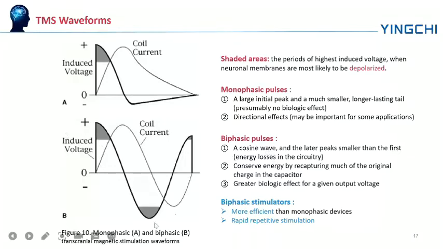It is a cosine wave, and the later peak is smaller than the first one because of the energy losses in the circuitry. It can conserve energy by recapturing much of the original charge in the capacitor. It has greater biological effect for a given output voltage. A biphasic stimulator is more efficient than monophasic ones, and it is suitable for rapid repetitive stimulation.